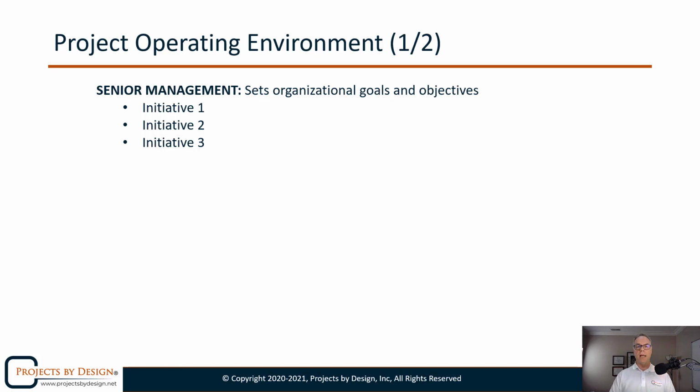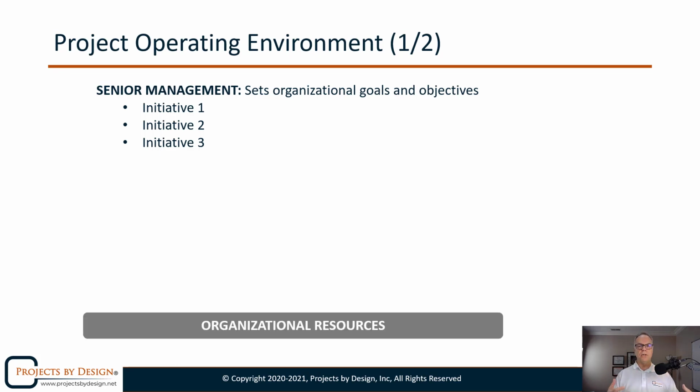This could be for a period, or across periods, a 1-year, 3-year, or 5-year horizon, or whatever the case may be. They also approve organizational resources in order to deliver against those goals and objectives. In other words, they set funding, people, skill sets, and so on.